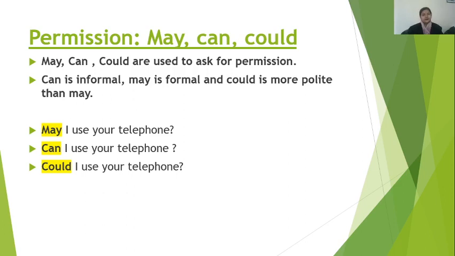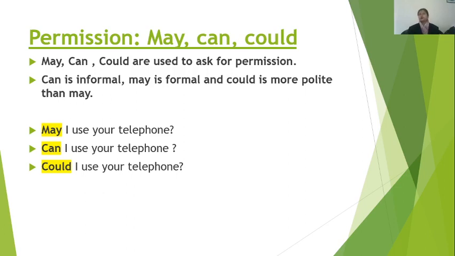Now, let's study all the modals with their usage, that how they are used for different purposes. So for the permission, if you want to ask for the permission, we use may, can, or could.